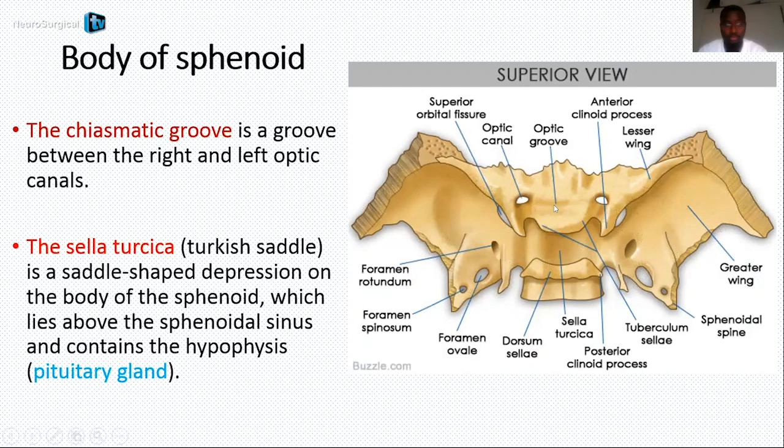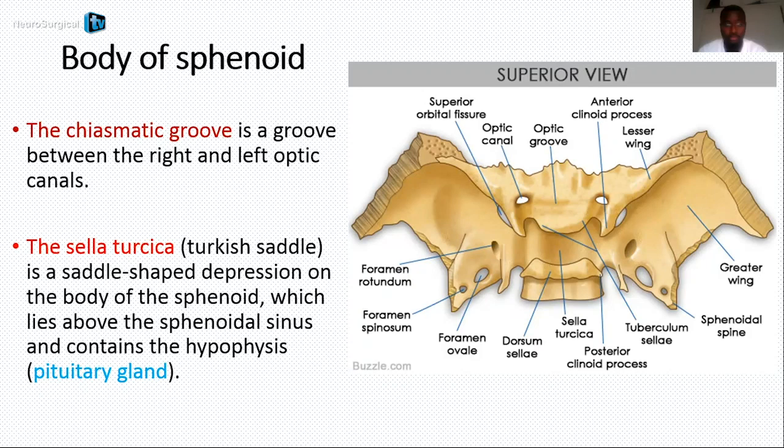And you have the sella turcica. It is a depression on the body of the sphenoid, which lies above the sphenoidal sinus and contains the hypophysis. Here is the place of the hypophysis gland.